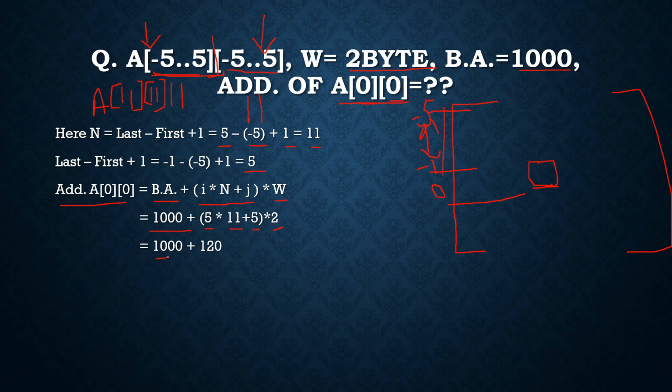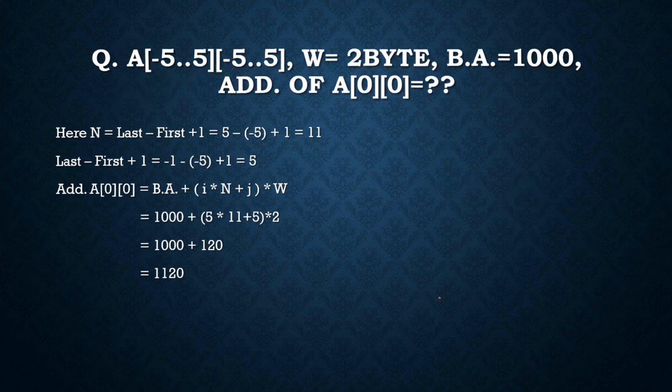So the answer is 1120. This is the address of this element. 1120 is the address of the A00 element. This is a sum of finding the address of a two-dimensional array.